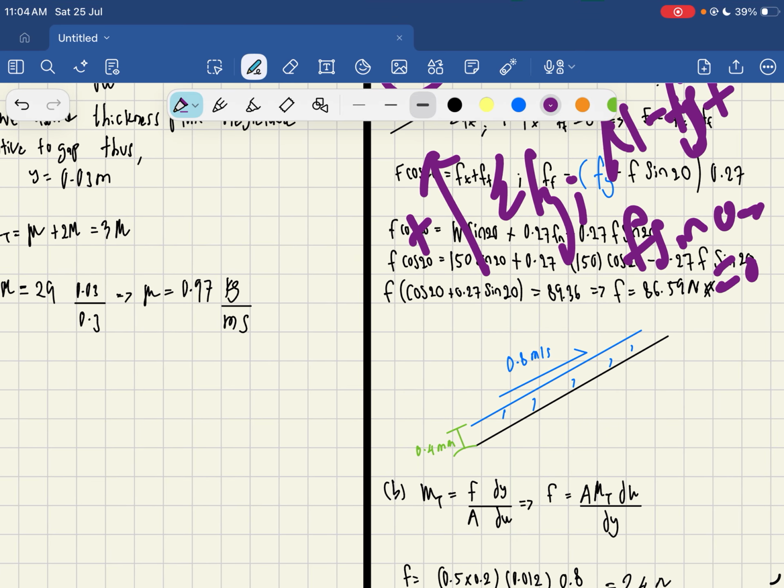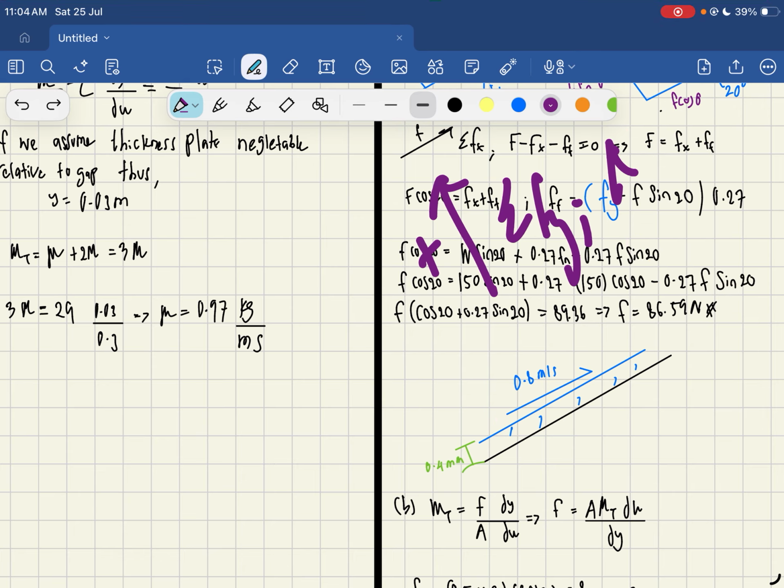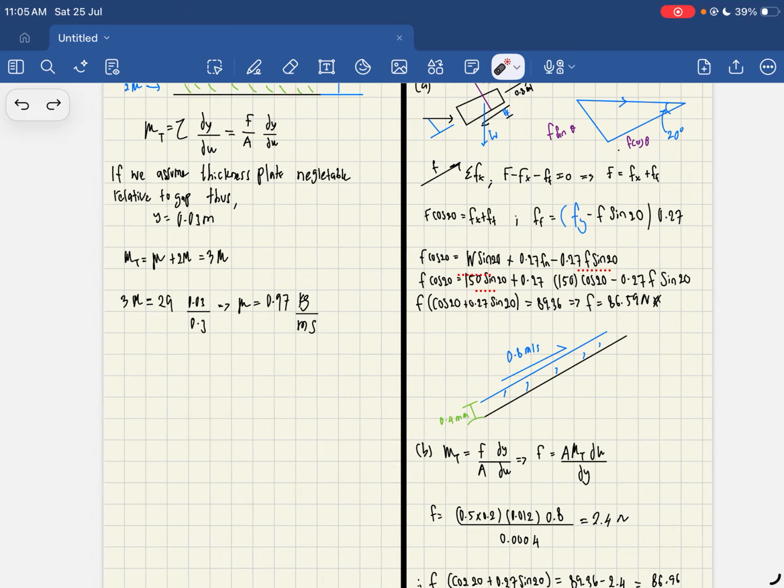So you can rearrange this equation, and N is equal to Wy minus F sine 20. So that is where the normal force comes from, times the coefficient of friction.